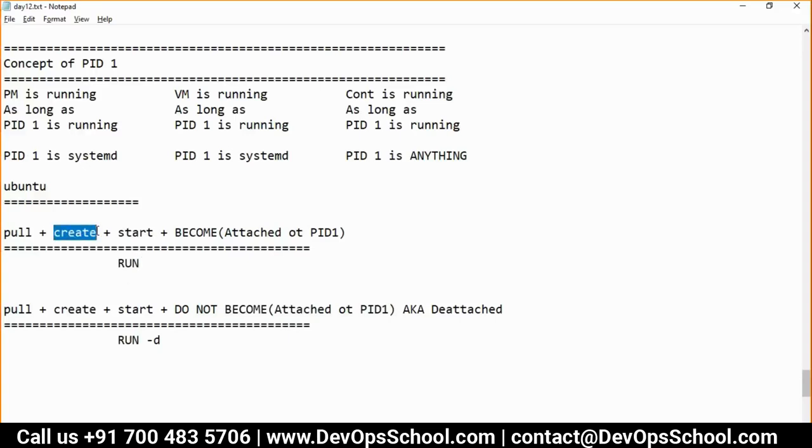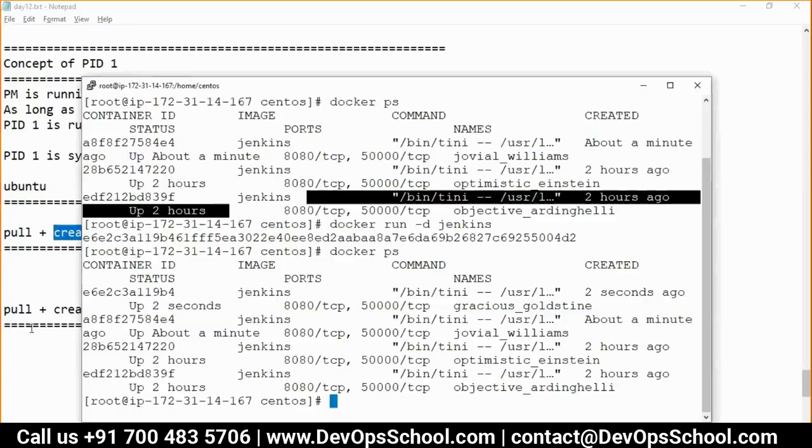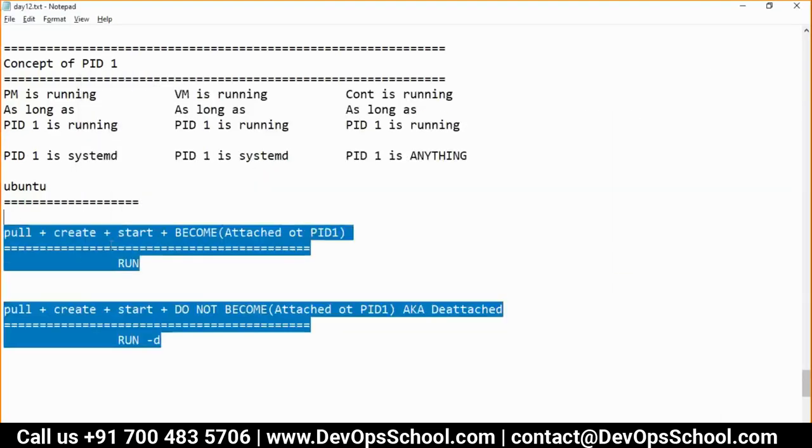A new container. Docker exec is used to get inside and install all the stuff. I'll come back. This topic is pending. I'm coming back slowly.